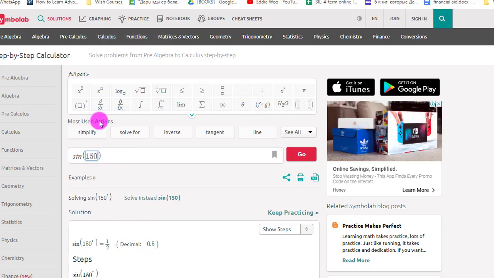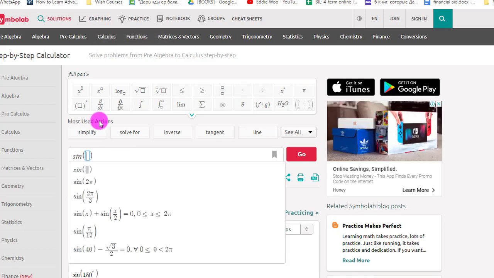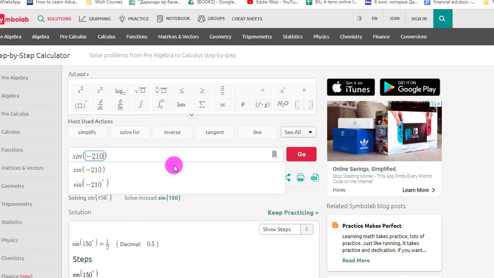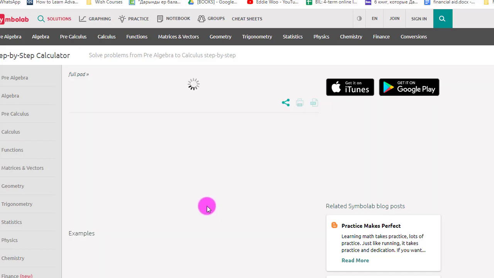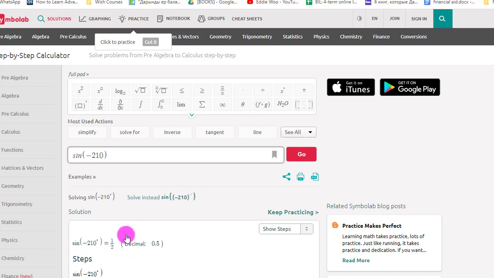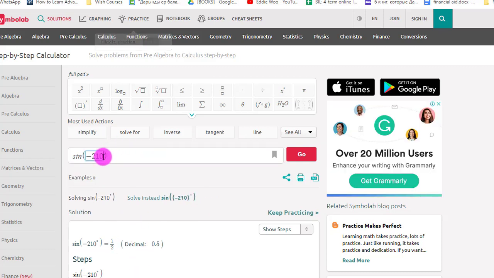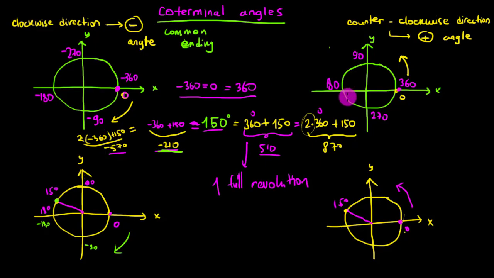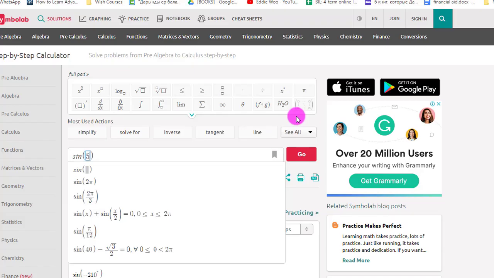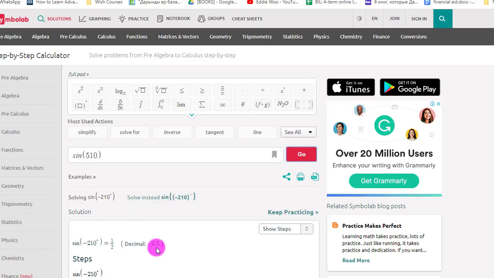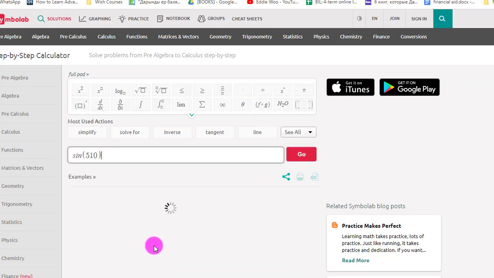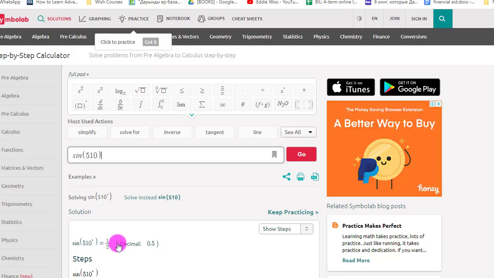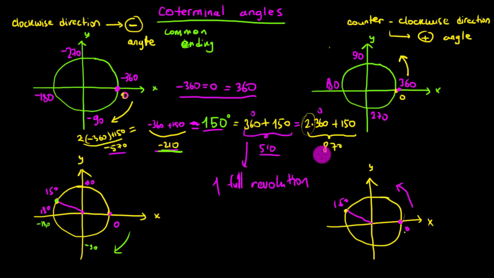And let's write instead of here minus 210, it is also 1/2, and let's write, so what do we have also here? 510. It's also 1/2.